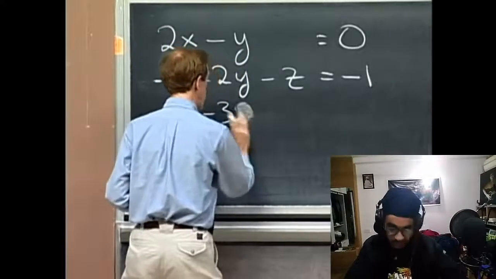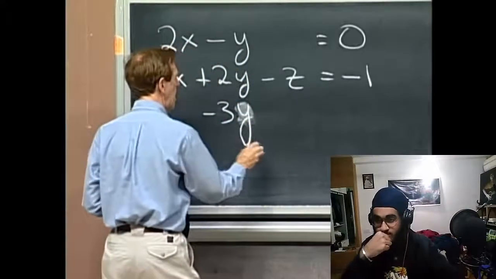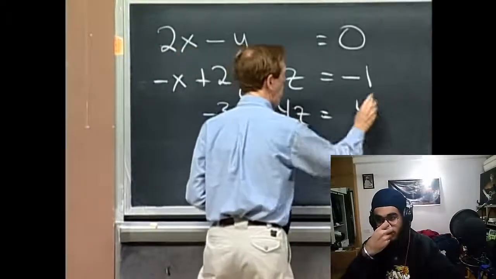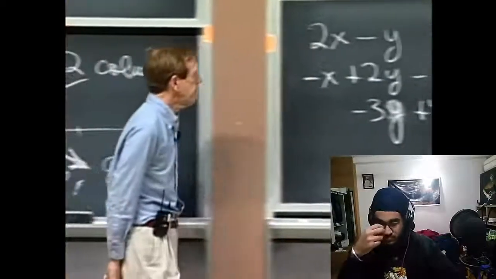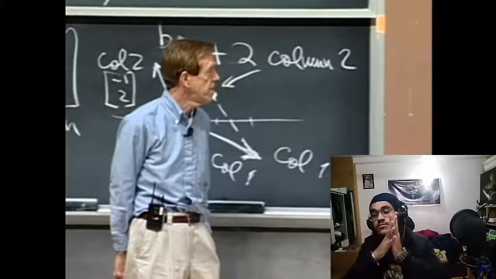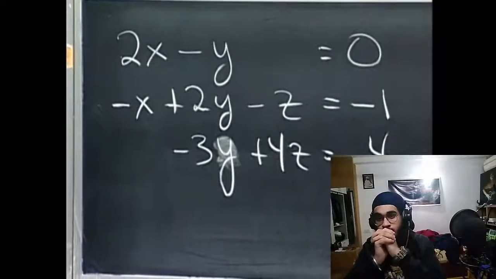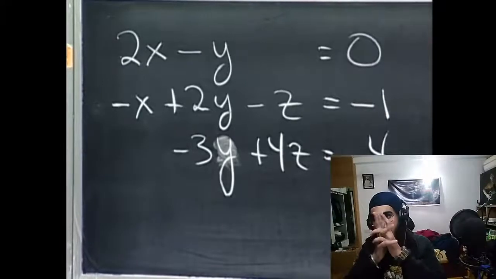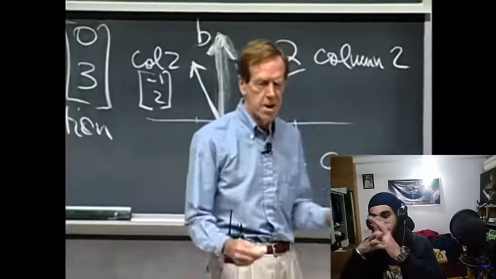I should keep the y's in that line. And 4z's is, say, 4. Okay. That's 3 equations. I'm in 3 dimensions, x, y, z, and I don't have a solution yet.